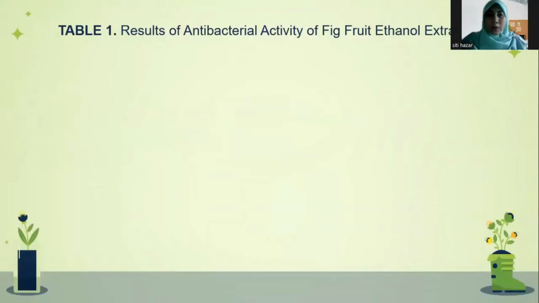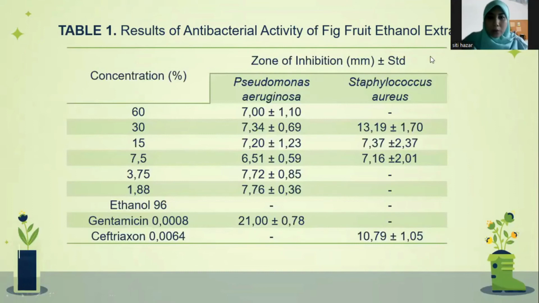In table 1, we can see the result of antibacterial activity of the fig fruit ethanol extract. We can see that the fig fruit ethanol extract can inhibit both bacteria, Pseudomonas aeruginosa and Staphylococcus aureus.